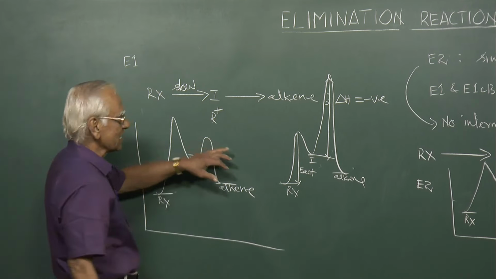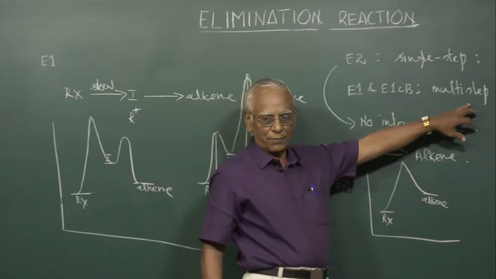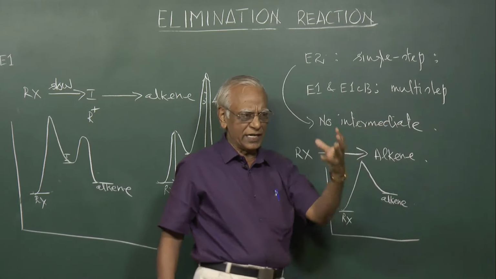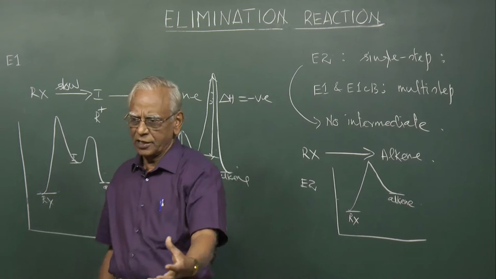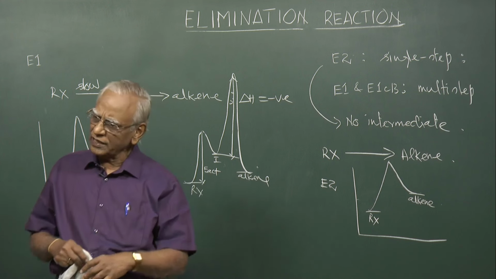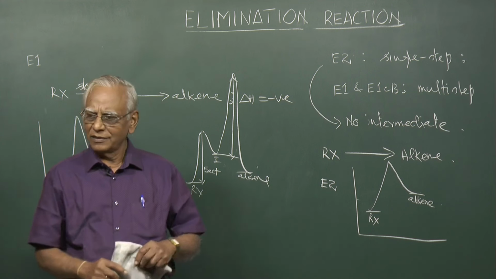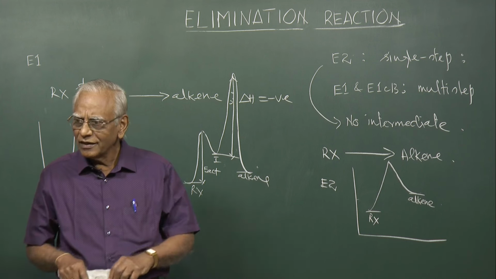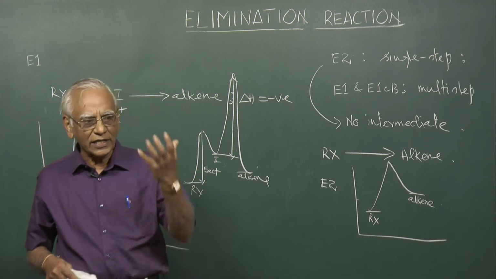So in the case of a multi-step process, it's a multi-step process because you are getting an intermediate. And for an intermediate, we have to isolate that intermediate or prove the formation of the intermediate. It can be isolated or it can be inferred. Okay, when do you infer it? When do you isolate an intermediate?